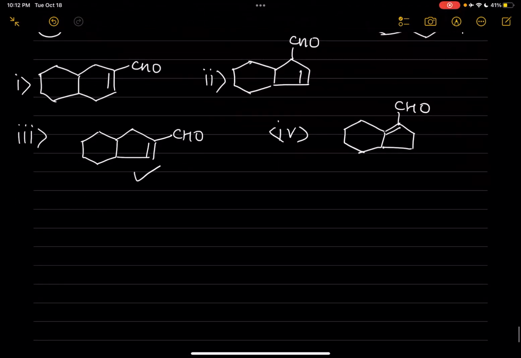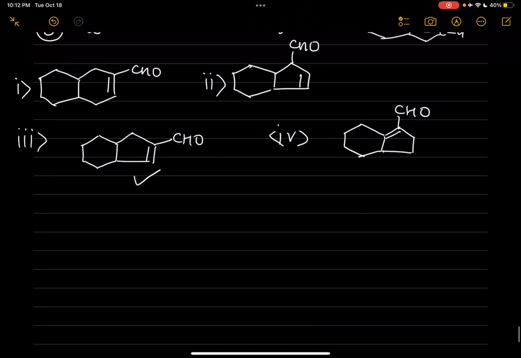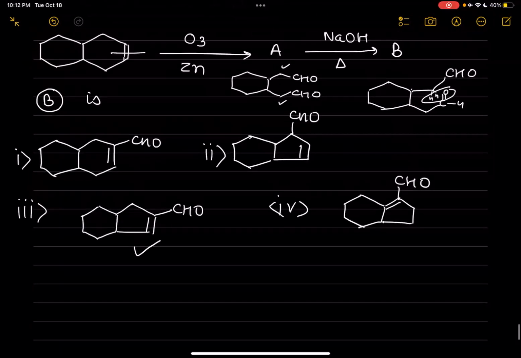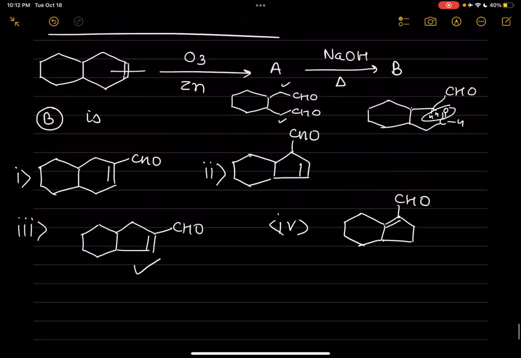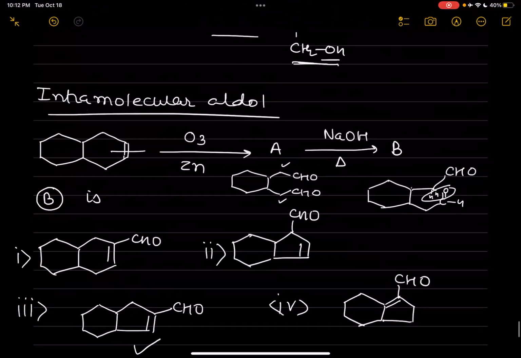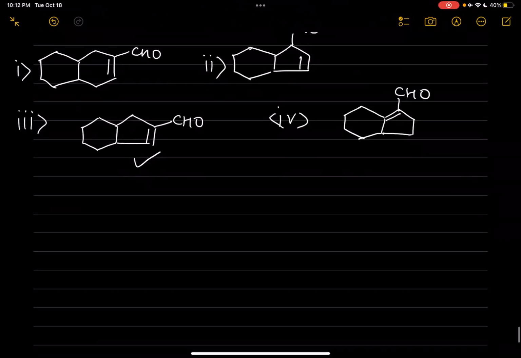So this is the way you need to do the aldol condensation. Actually, there is a ring size which decreases, because the ring rejoins again from new points and the ring size decreases. That's how you need to know about the aldol condensation.